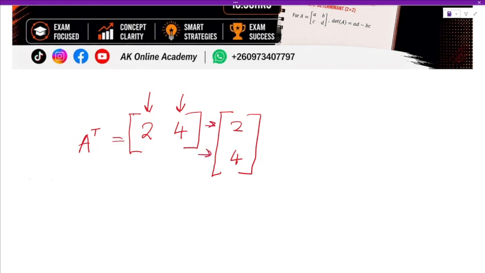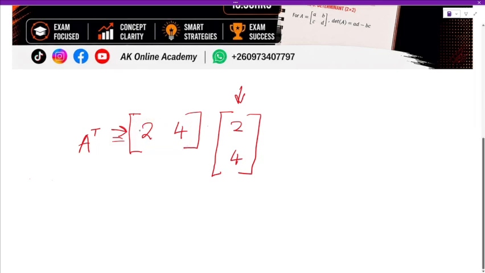All right, what was the row in the first matrix? The row was this one here, which is 2, 4, in that order. Now it has become a column, which is 2, 4. Another thing for those that would like to confirm whether what you've done is right: simply write down the order of your first matrix. How many rows do we have? We have 1 row here.